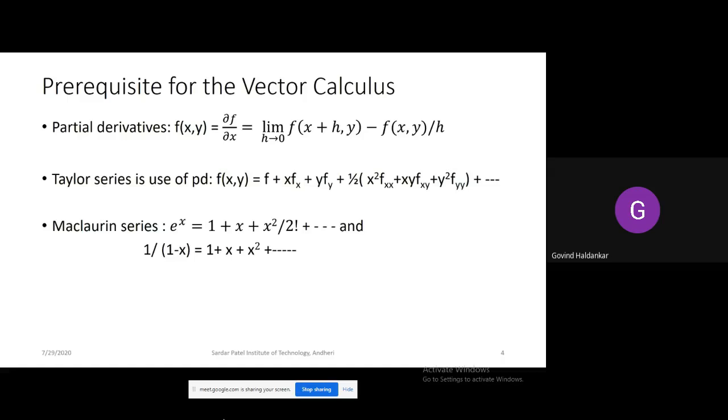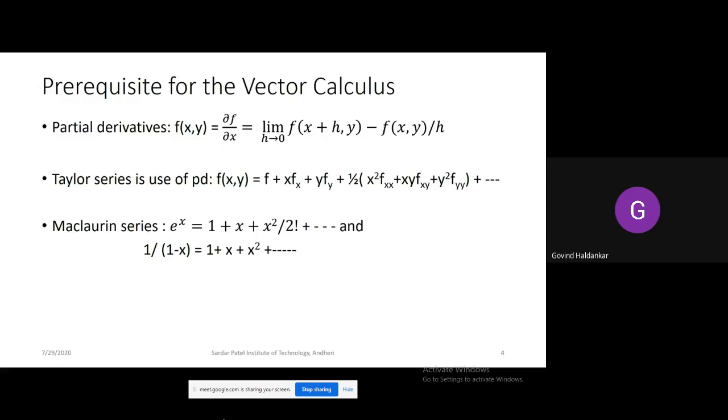So here we'll see about an important mathematical tool, that is the partial derivative. Now in a partial derivative, as you know, we are finding the derivative with respect to only one variable. So here we have considered x and y. It may happen that there may be one more variable, that is time t, because in an electromagnetic field there is an electric field, there is a magnetic field, and there is time.